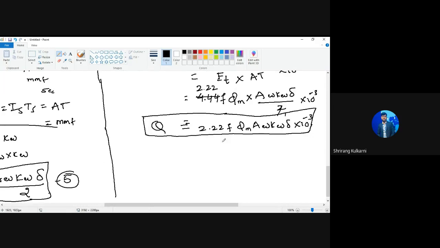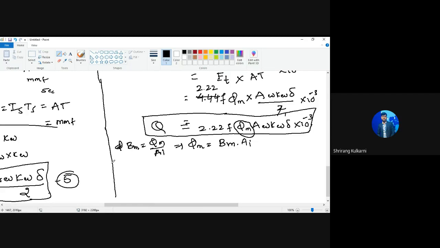Even we can make a small arrangement here. In place of flux, we can write flux density also. So what is flux density? Flux density Bm is equal to flux by area. Which area? Core area, iron area, AI, the net iron area. So we can write phi m is equal to Bm into AI.